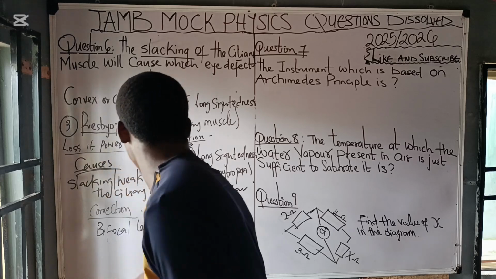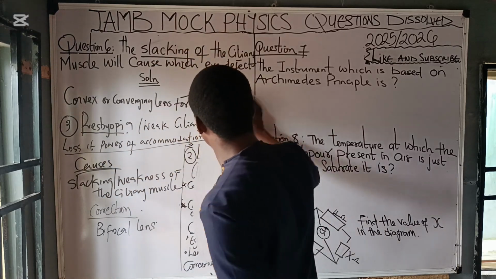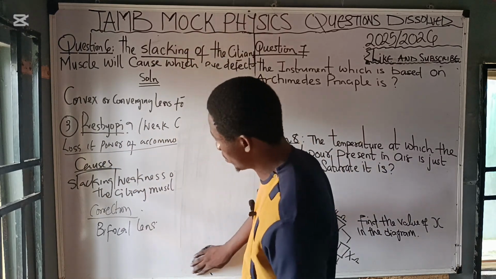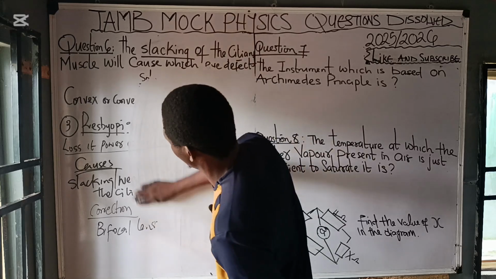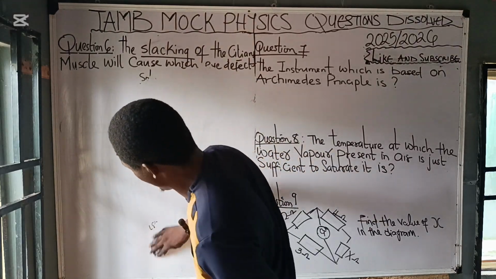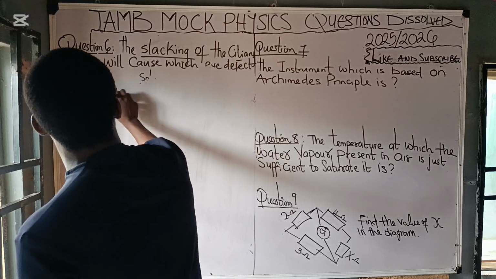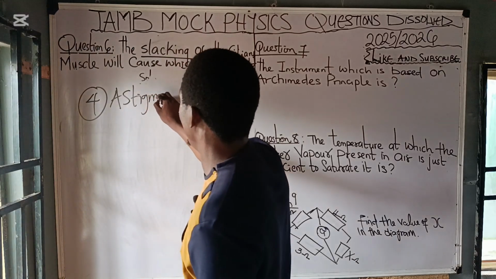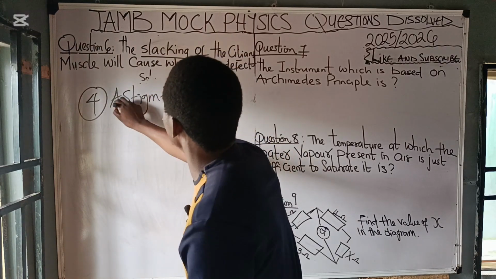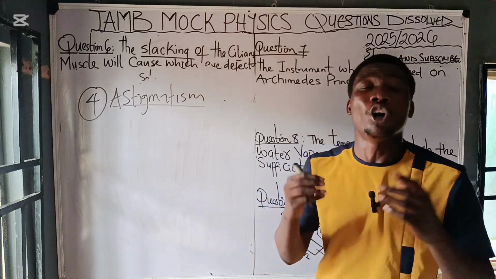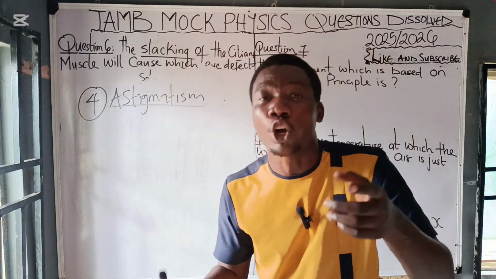Finally, we have the final eye defect, which is called astigmatism. Number 4 is astigmatism. The astigmatism is due to the uneven curvature of the cornea.